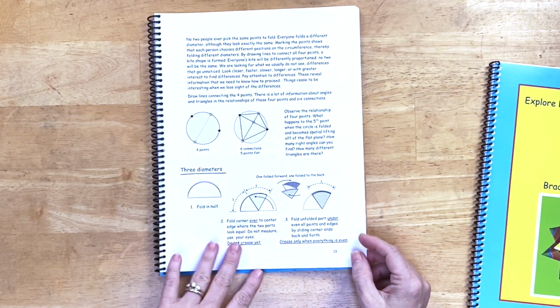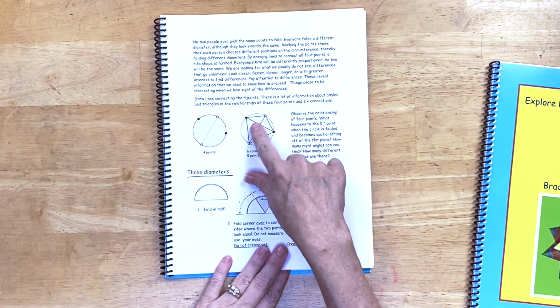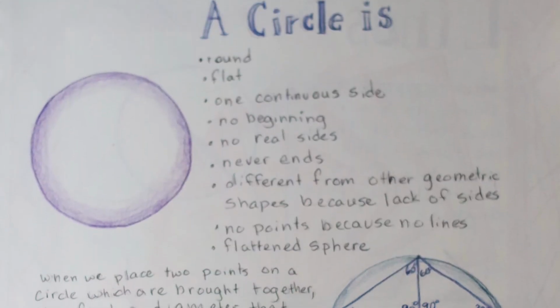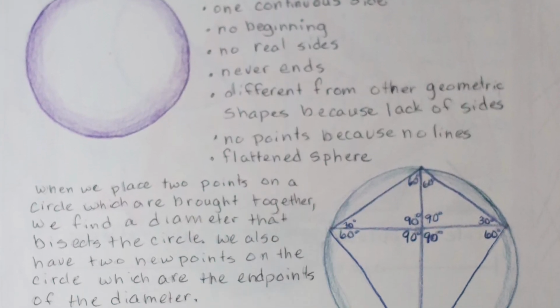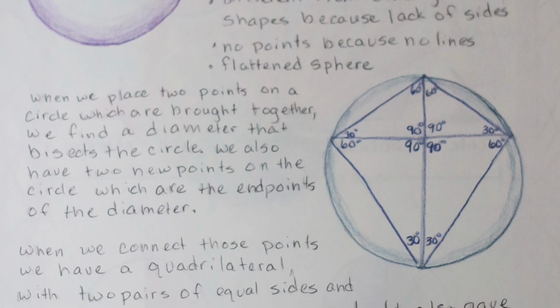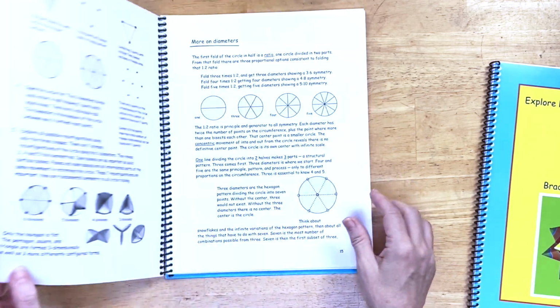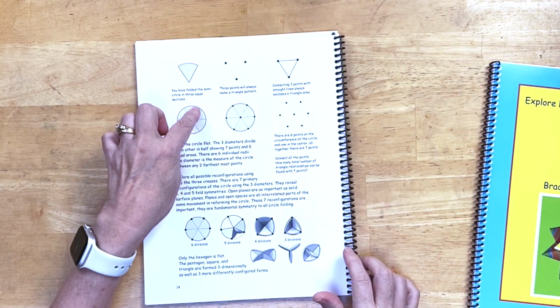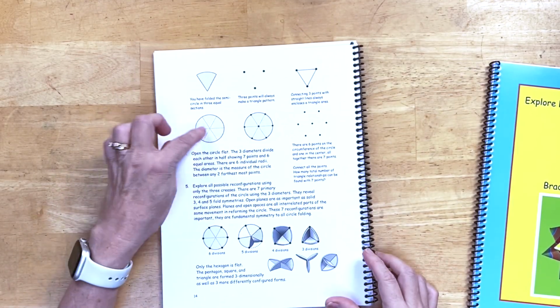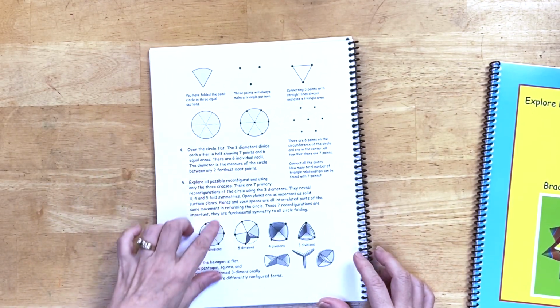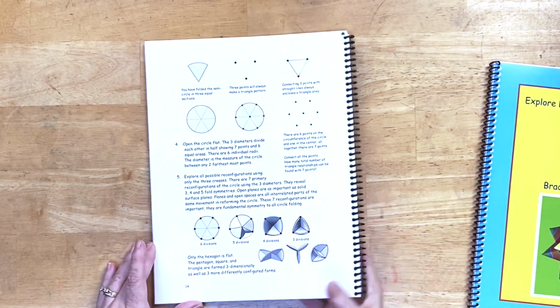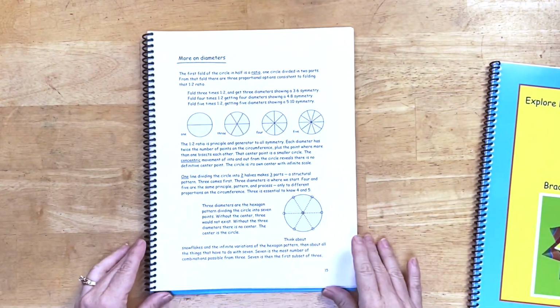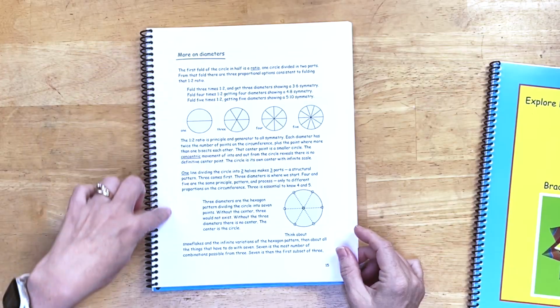We started with folding the circle in half and a half again and making observations with quadrilateral, and then we moved into folding it in half and into thirds, which gives us 6 diameters, bisecting the circle, and we observed that, and then we moved into more diameters.